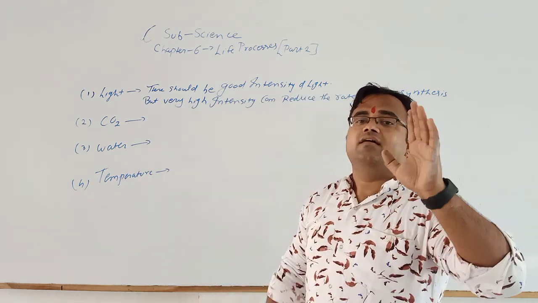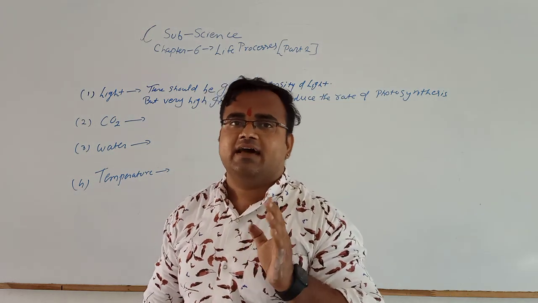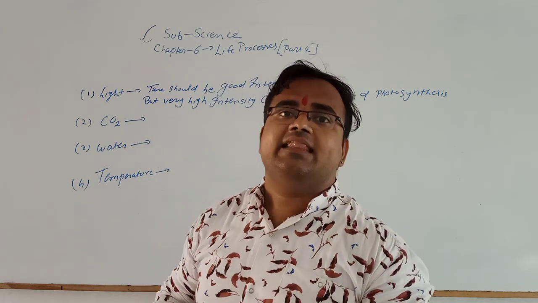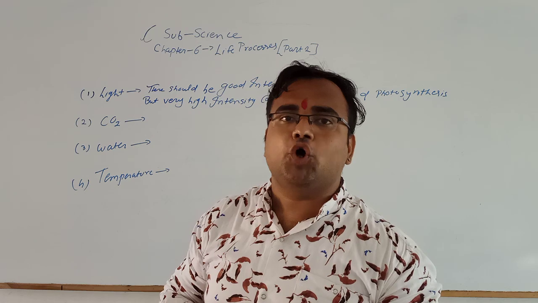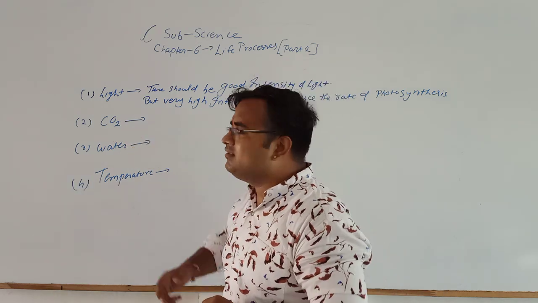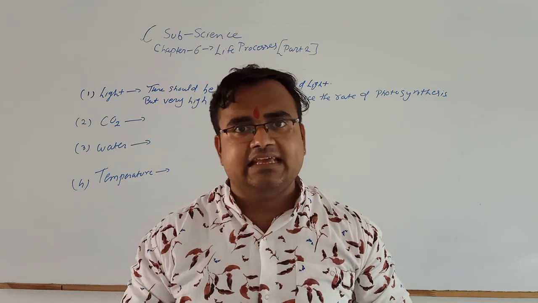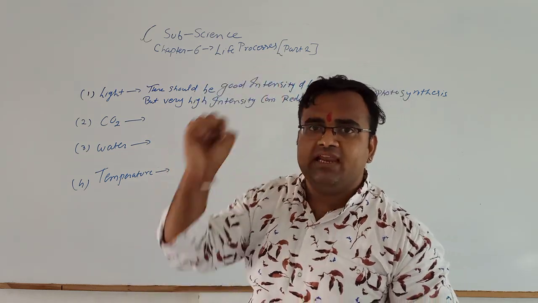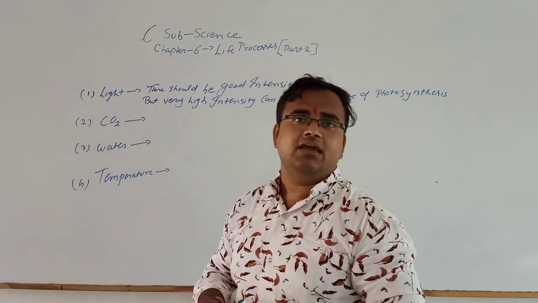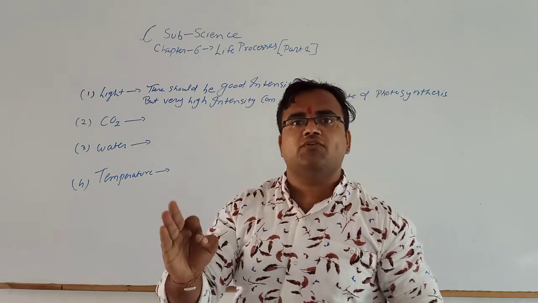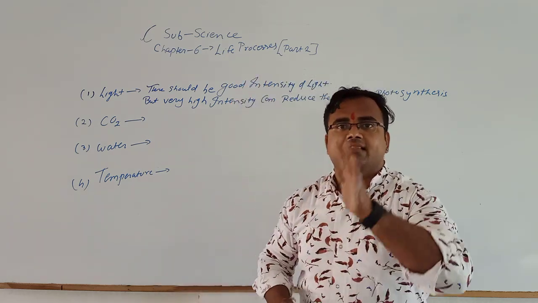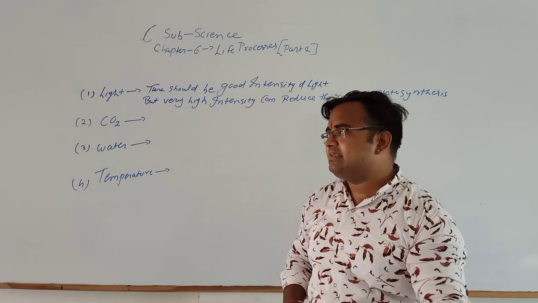But if the level of carbon dioxide in our environment is very high, then the carbon dioxide would be toxic for the process of photosynthesis. The rate of photosynthesis decreases with a very high concentration of carbon dioxide.